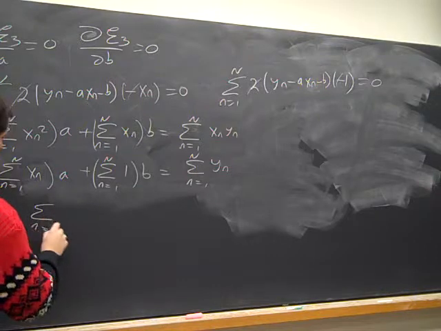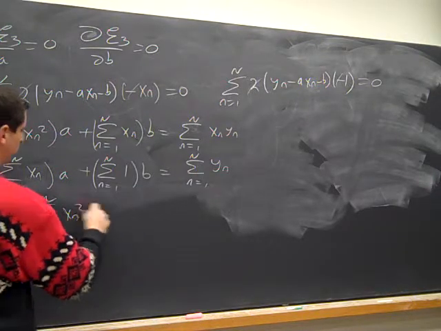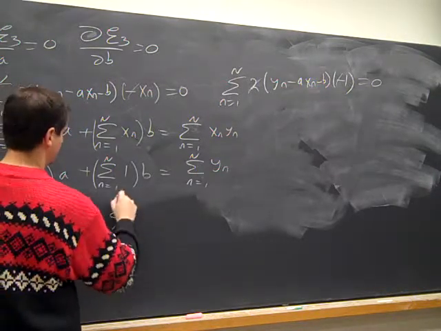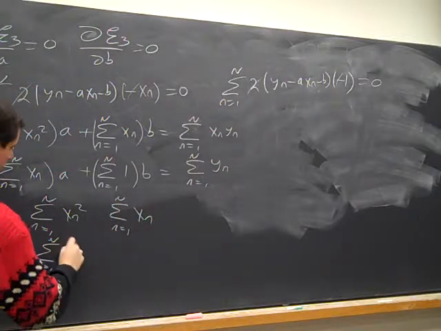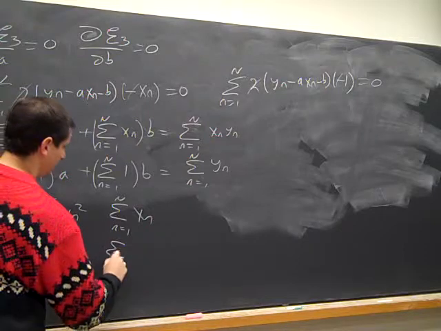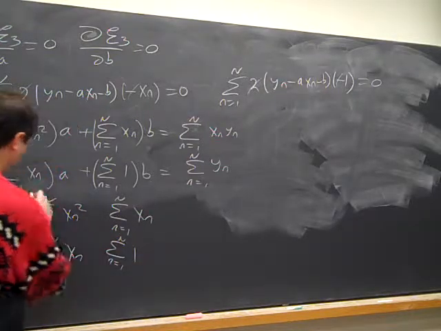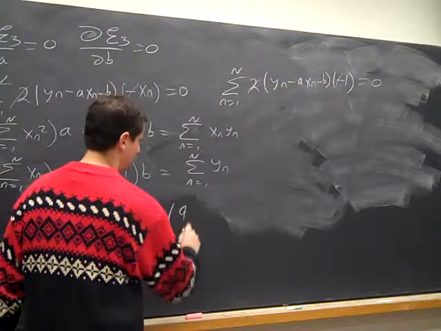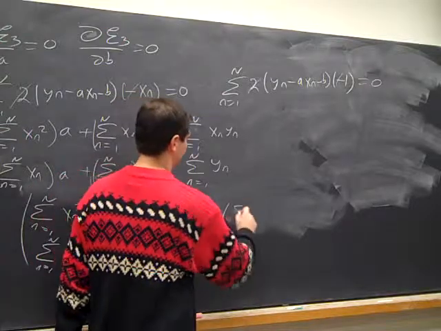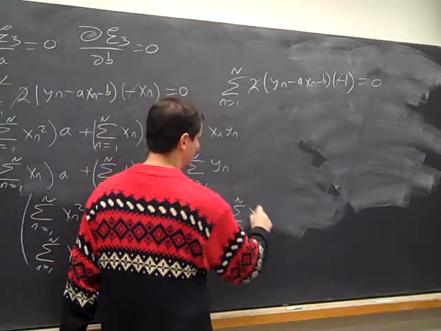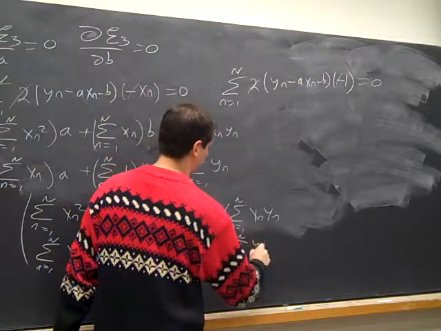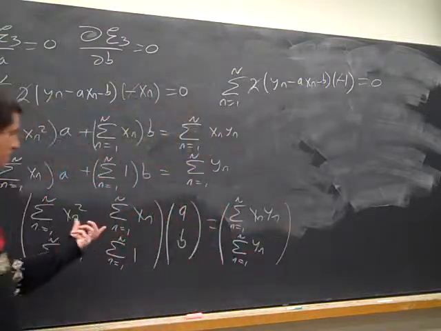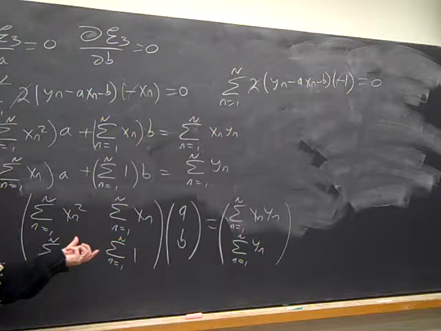The sum n goes from 1 to N of xn squared, the sum of xn, the sum of xn, the sum of 1, times (a, b) is the sum of xn yn, the sum of yn. As long as the determinant of this matrix is not 0, it's invertible.